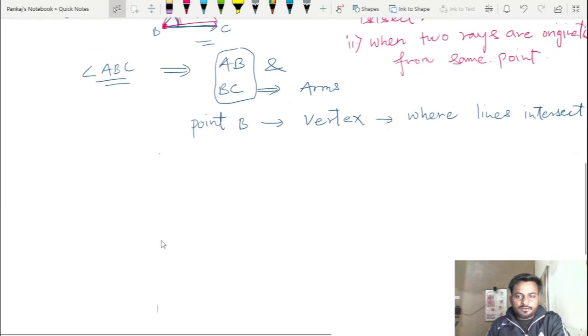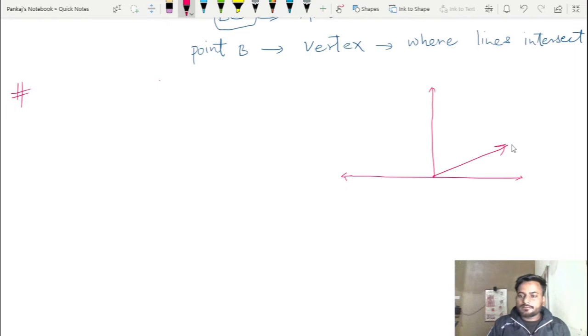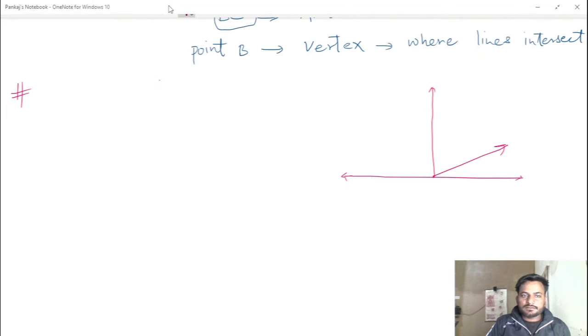If we talk about types of angles, there are a lot of types. For example, this is an angle. Let's take some different colors.